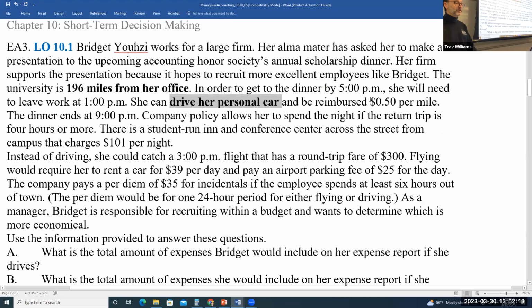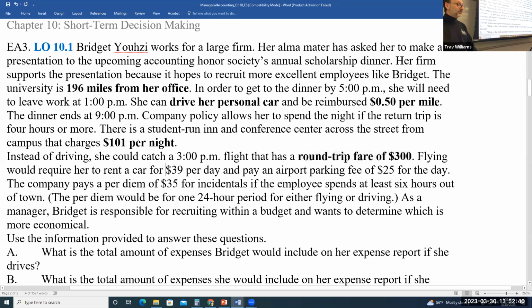She'll be reimbursed 50 cents per mile. And let's see, it says she can spend the night. There's a place she can stay for $101 per night. Okay, so that's one option. The other option, she could fly. Round trip costs $300.